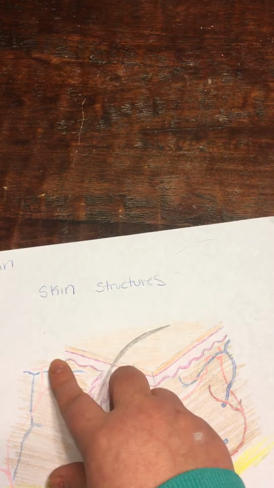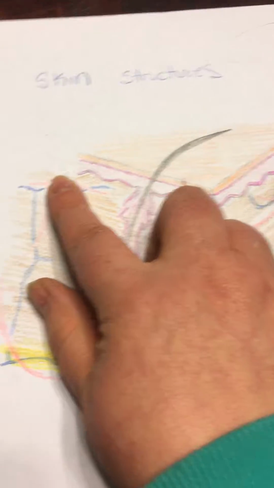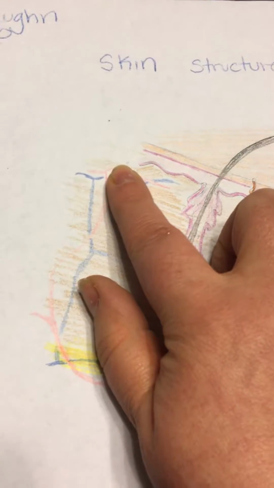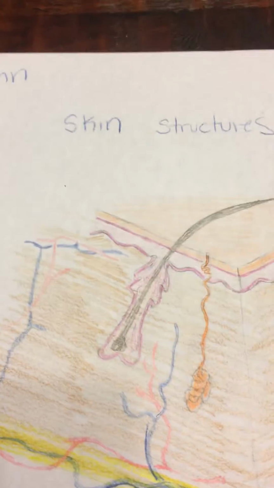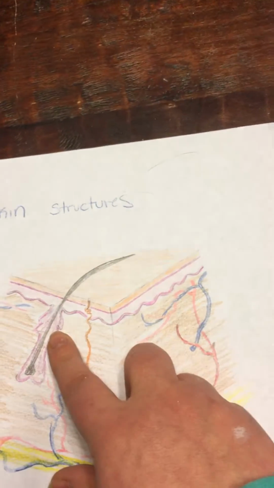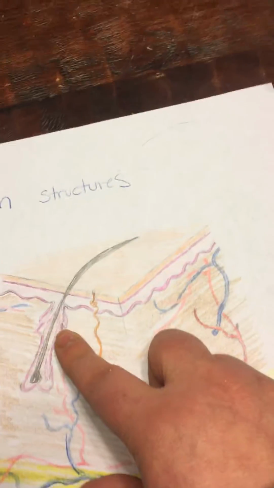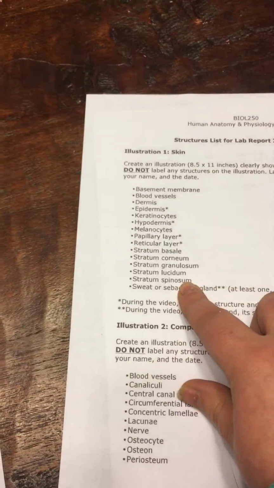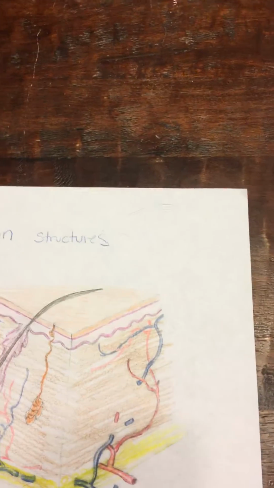There are the different layers of the epidermis, and it goes in order from the stratum corneum, I believe, is the first one, and then the stratum lucidum, the spinosum, this one, and then the granulosum here.